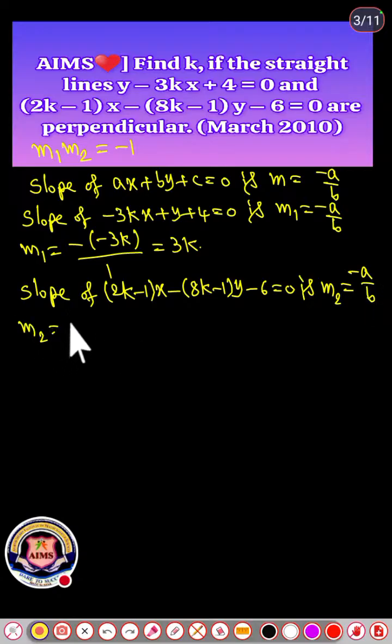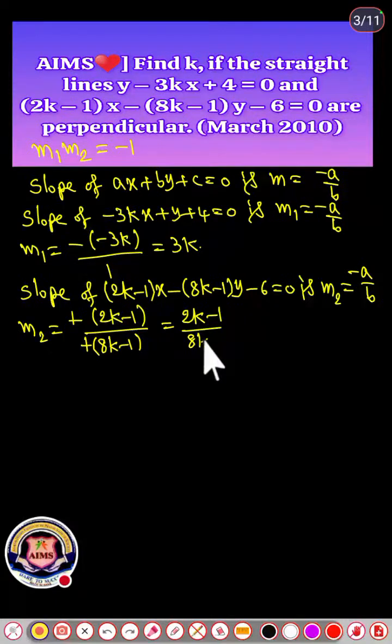So m2 is equals to minus a. A means x coefficient 2k minus 1, by b means y coefficient minus of 8k minus 1. So numerator and denominator minus minus get cancelled, remaining value (2k minus 1) by (8k minus 1).